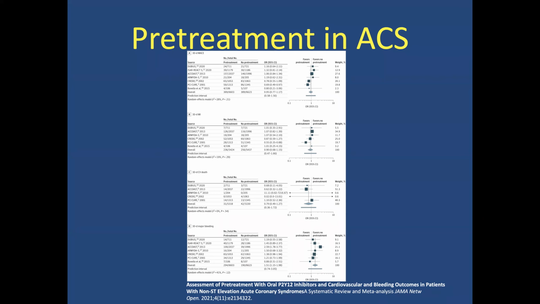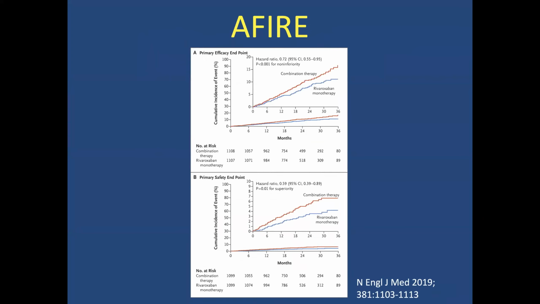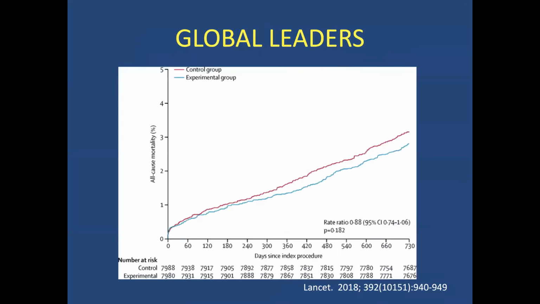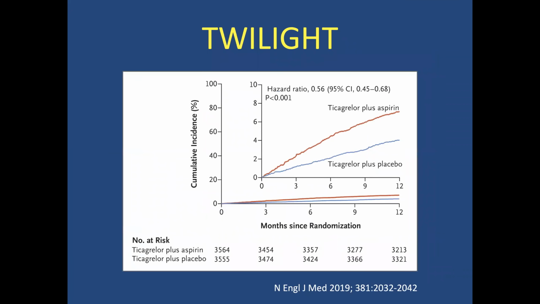So some of the data that we do have is the Twilight trial. The idea was to gather a complex coronary patient group, but they were stable patients just with complex coronary disease.